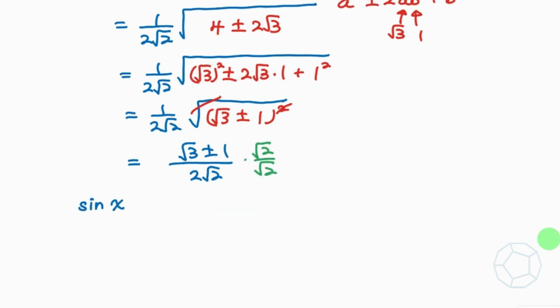Then we'll come across a very special form. Sine x is equal to (root 6 plus or minus square root 2) over 2 times 2, which is 4. For the difference, root 6 minus root 2 over 4, x is equal to 15 degrees. While for the sum, root 6 plus root 2 over 4, x is equal to 75 degrees.